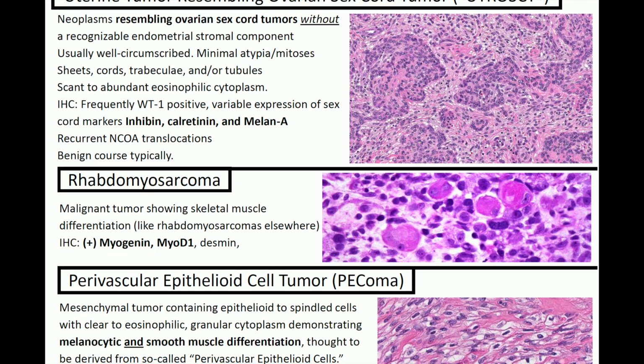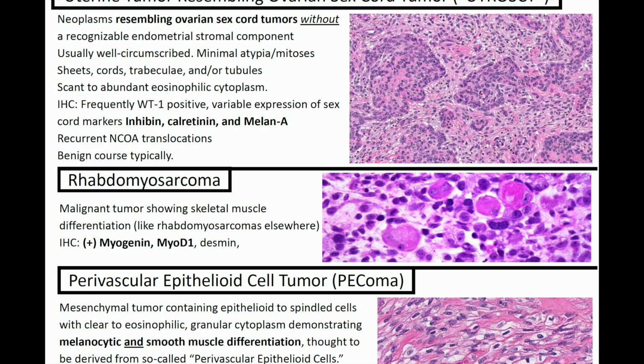Next up, we have uterine tumor resembling ovarian sex cord tumor. I have definitely missed questions on this entity, so good for me to review. This is a neoplasm resembling ovarian sex cord tumors without a recognizable endometrial stromal component. They're usually well circumscribed with minimal atypia or mitoses, sheets, cords, trabeculae, and/or tubules.